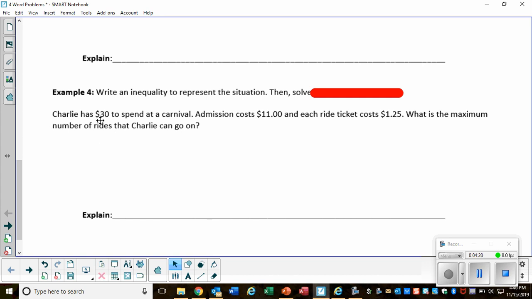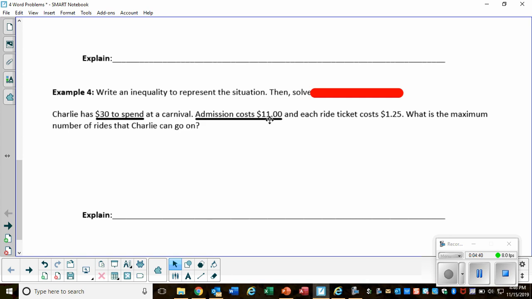Right, so I'm going to go through. Charlie has $30 to spend at a carnival. Admission costs $11, and each ride ticket costs $1.25. What is the maximum number of rides that Charlie can go on? Okay, so Charlie has $30 to spend.